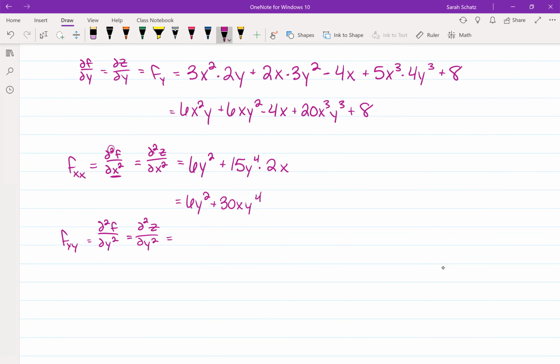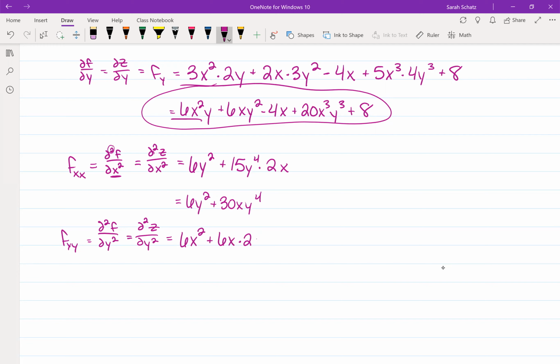All right, so this time we're going to go from fy, which is right here, take the derivative again with respect to y. So with respect to y, 6x squared comes down as the coefficient. This time the 6x comes down, then I do the power rule on the y squared. That minus 4x goes away because there's no y's in it.